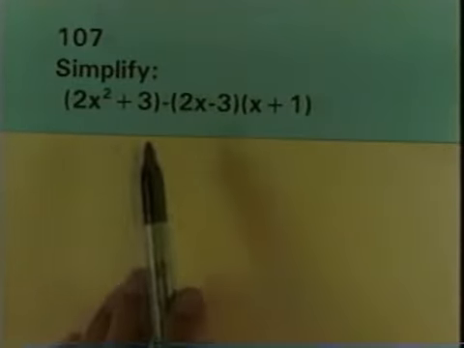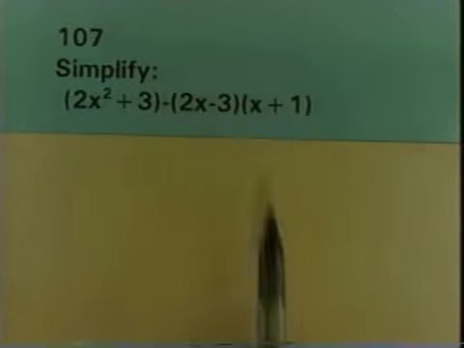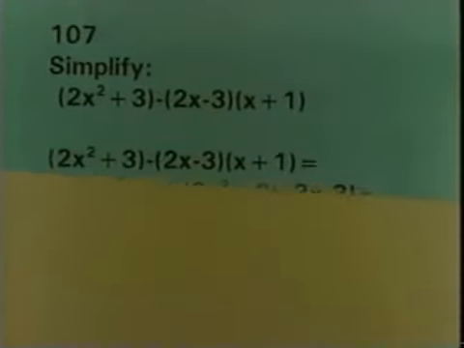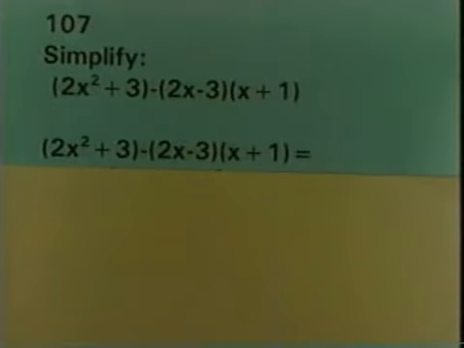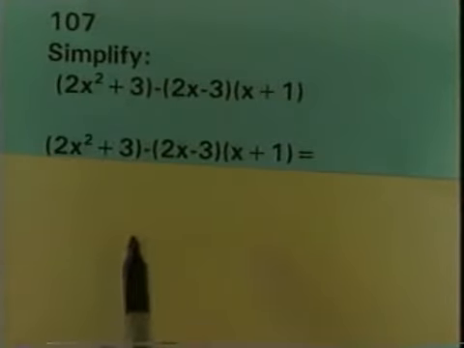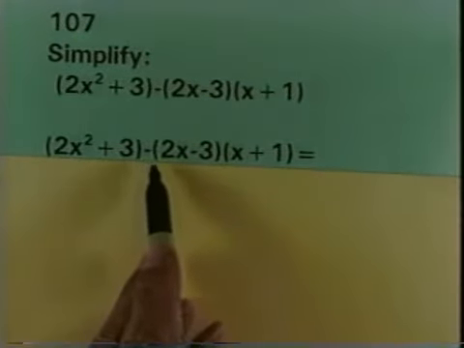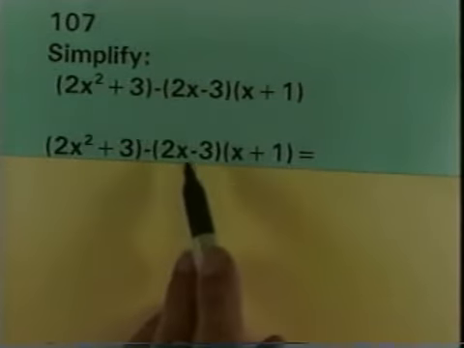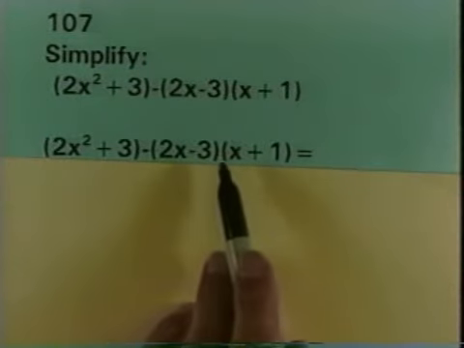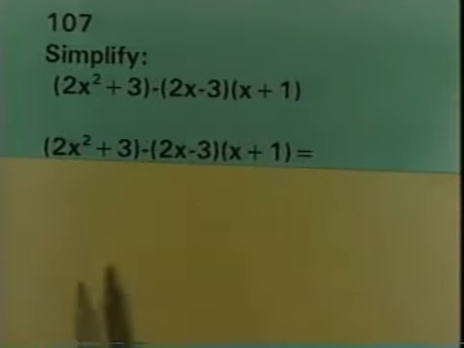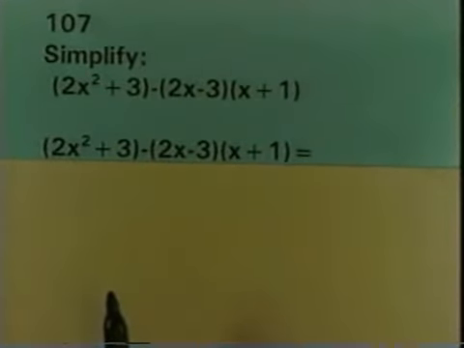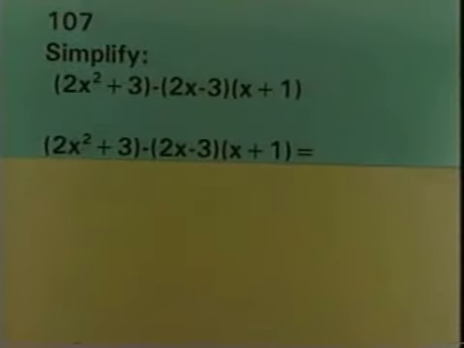So therefore I am subtracting and multiplying polynomials. The question becomes, which do I do first? Well, we know that we multiply before we subtract. So the first thing I need to do would be to multiply the 2x minus 3 times the x plus 1. I can use the FOIL method to do that multiplication.